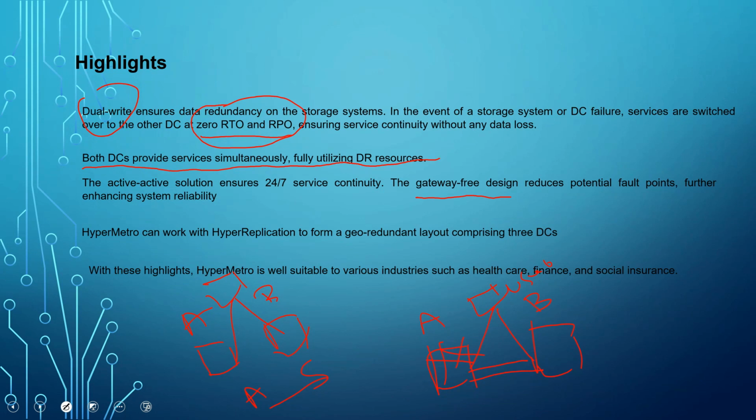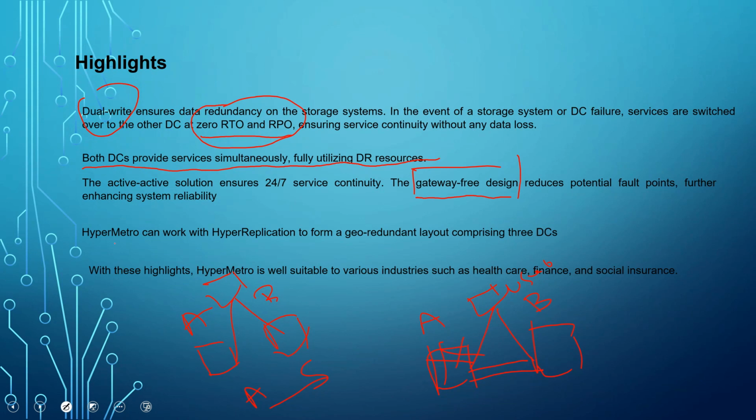If you put more devices in between the storages, it will be very complex, and maybe you can get some performance bottleneck as well. But Huawei is providing the solution without any gateway. We are not providing any third-party devices or any Huawei devices. So we can connect two storages and configure active configuration without any gateway.